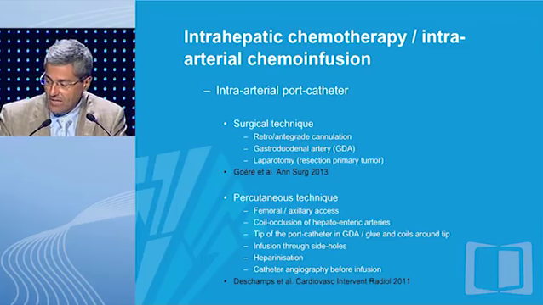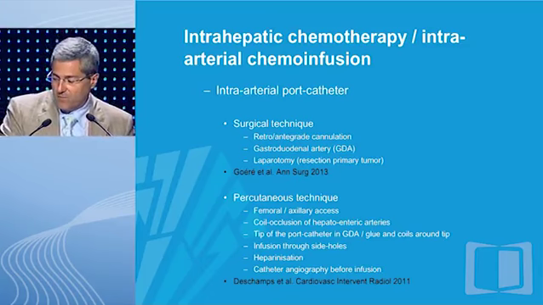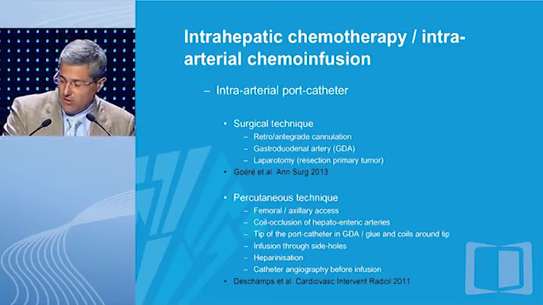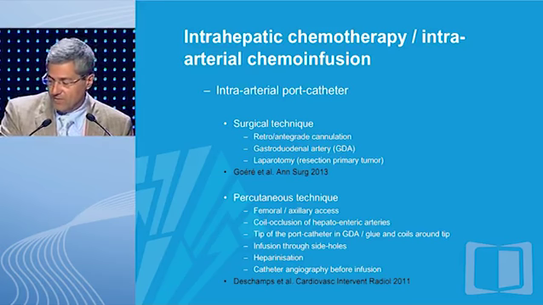These port catheters can be placed by surgery, but can also be placed by a percutaneous approach. If you do it percutaneously, you can come from the axillary or from the femoral artery. And of course, first of all, you have to coembolize all hepatoenteric vessels around the liver.